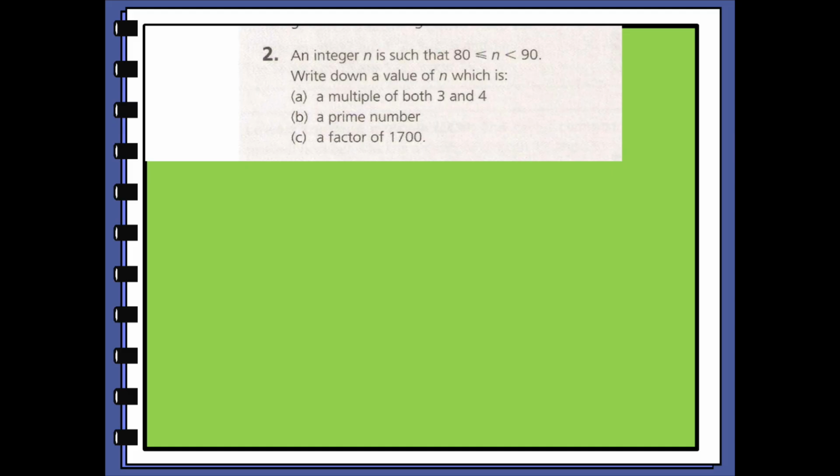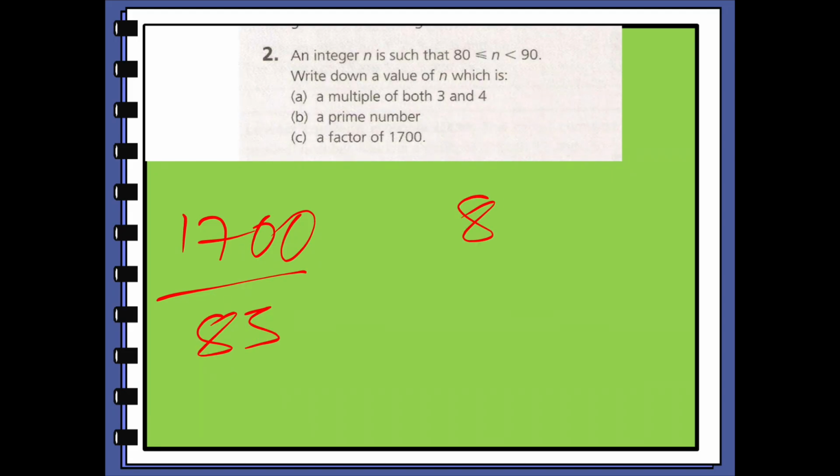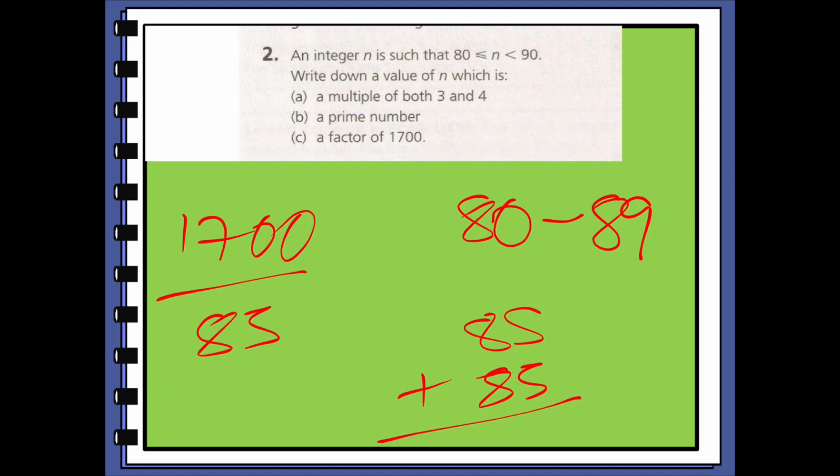A factor of 1700. So 1700, which of those numbers can enter here? Okay, let's try 85. We know that we are talking about numbers from 80 to 89, so we are trying 85. We know that 85 plus 85 gives us 170.